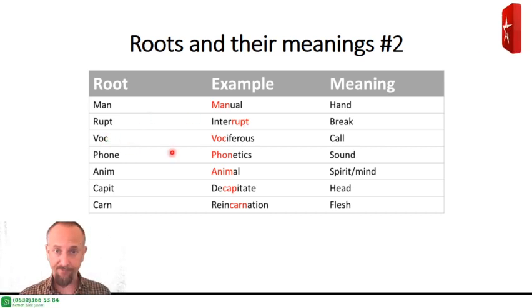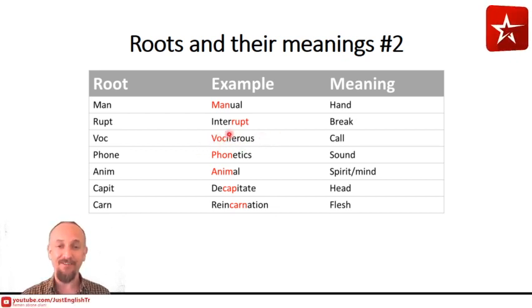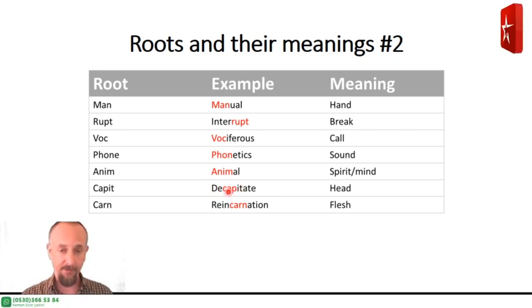Then we had voc, which meant to call, such as vociferous. I had a problem with this word last week. Then we had phone, which meant sound, such as phonetics. Then we had anim, which meant mind or spirit, such as animal. Then we had capit, such as decapitate, and here de means down or off, away from, and decapitate means to cut someone's head off. Very nice word.